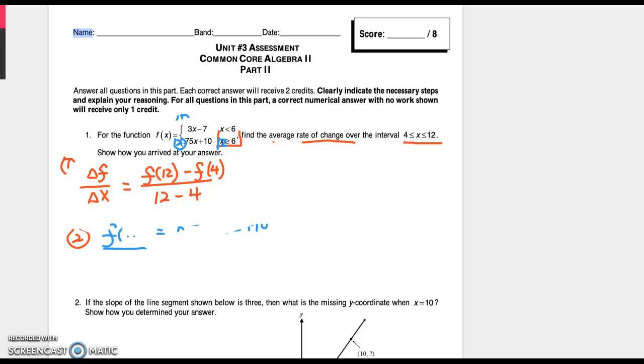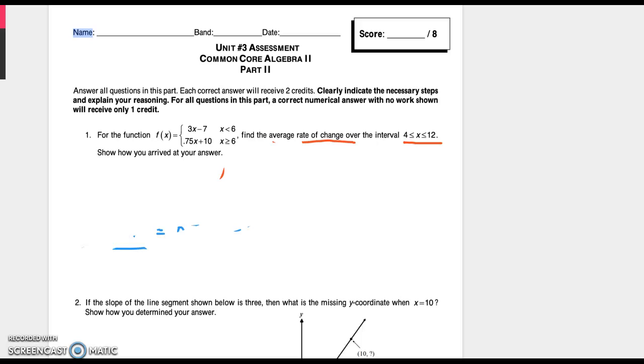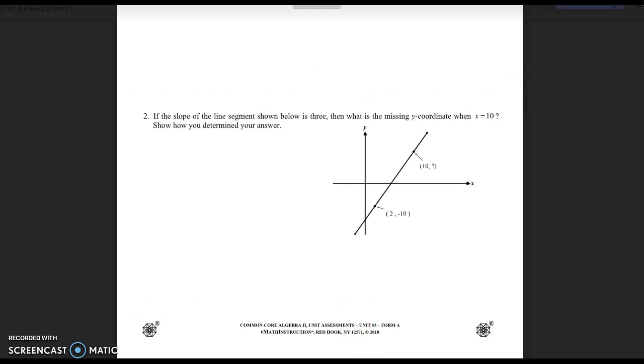Now, second question, guys, you need to remember the slope formula, and seriously, you have to. Okay, now question 2.